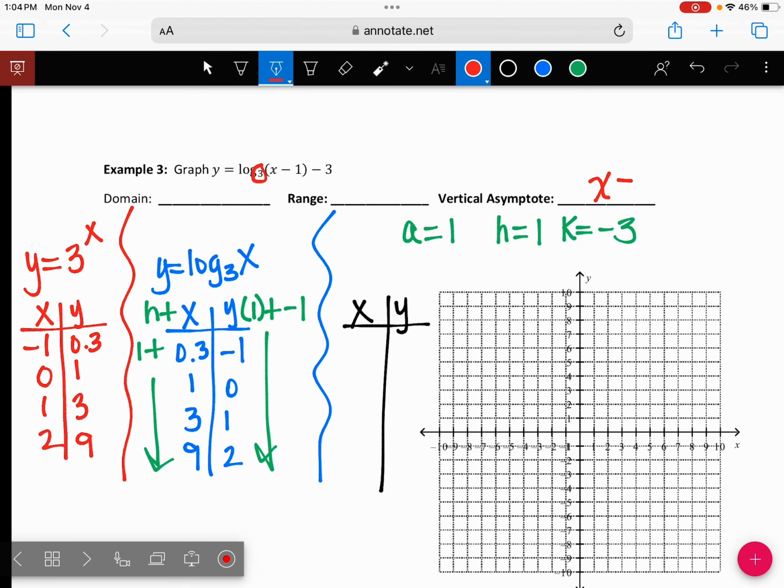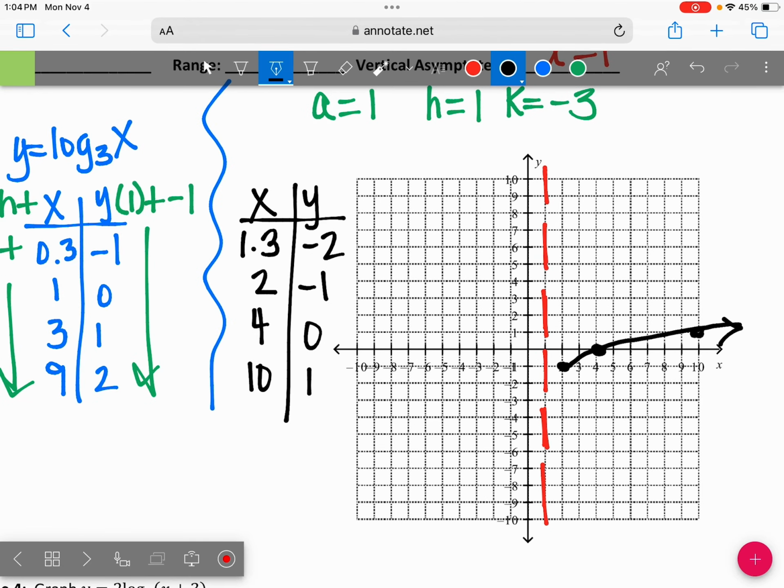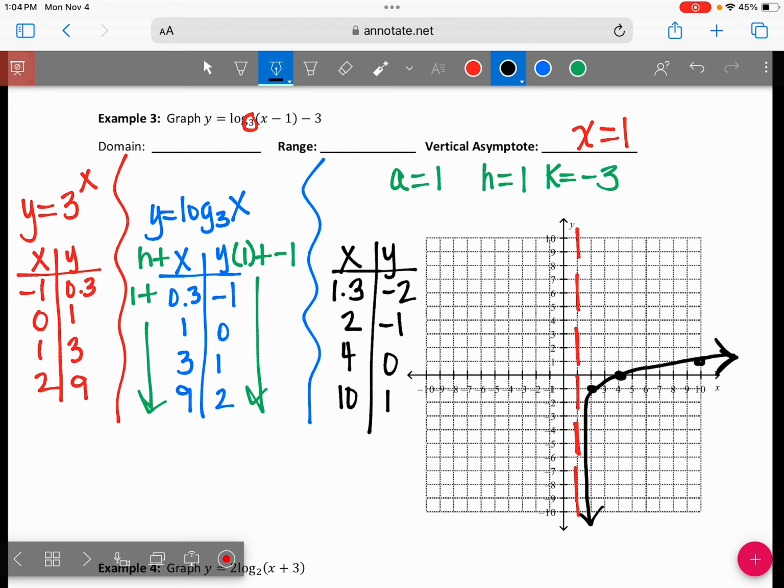X equals 1. So this is what my graph looked like.